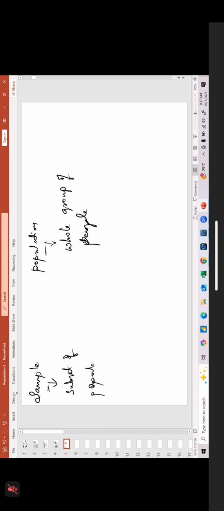Any one example? Mistake is mine. Okay, sample and population, one simple example.